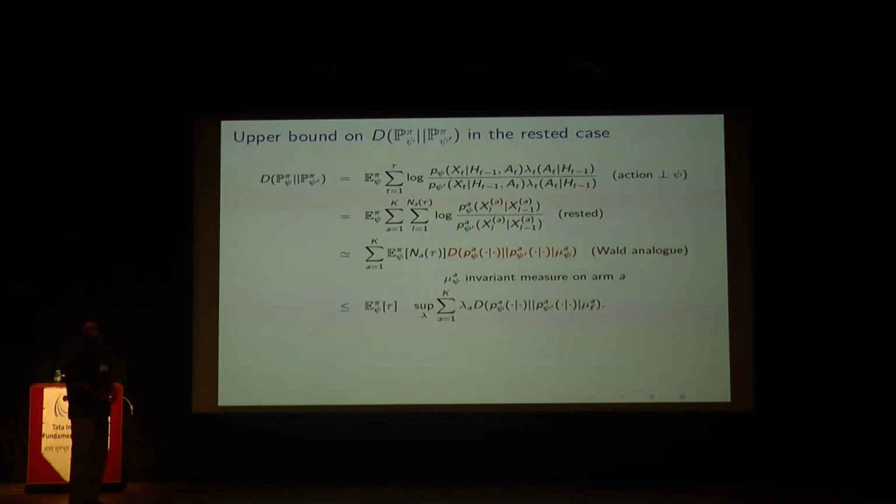And now what we do is recognize that when I sum this up, it's actually equal to the stopping time, and because there is an expectation, it will be equal to the expected stopping time. So I can multiply and divide by that, and I'll get a probability measure here, which is a proxy for the empirical measure. And once you see that probability measure enter in, you can take the supremum across all possible probability measures for actions, and that gives you an upper bound.